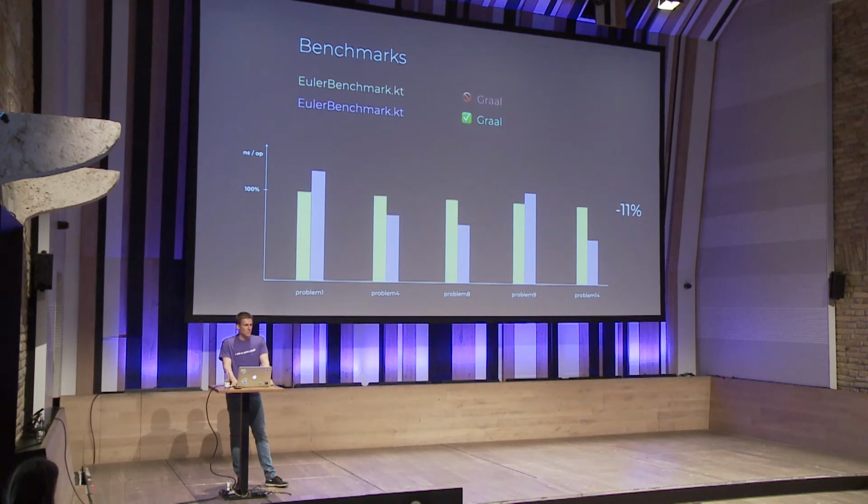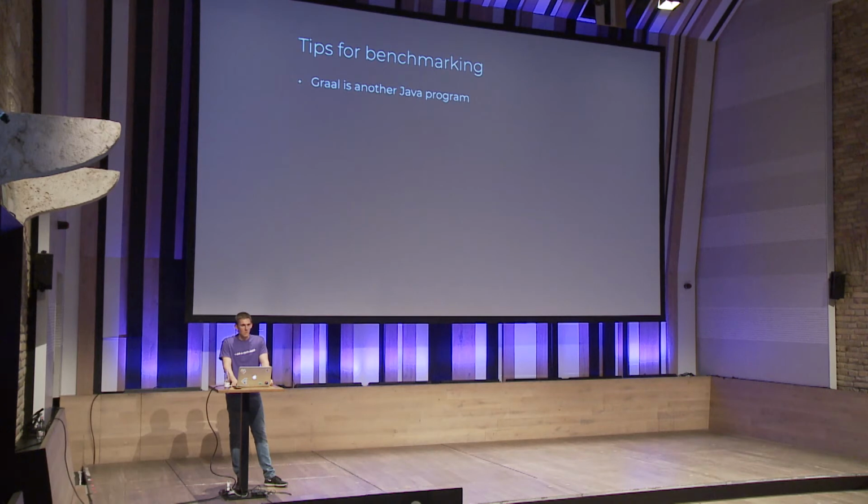And if we compare the Kotlin implementation with and without Graal, you can see that the Graal compiler can save you some CPU cycles. Please note that I haven't touched the implementation. I didn't change the source code. I'm only running the same benchmark with a different JVM and benefiting from some performance gain. Again, this is a synthetic benchmark.